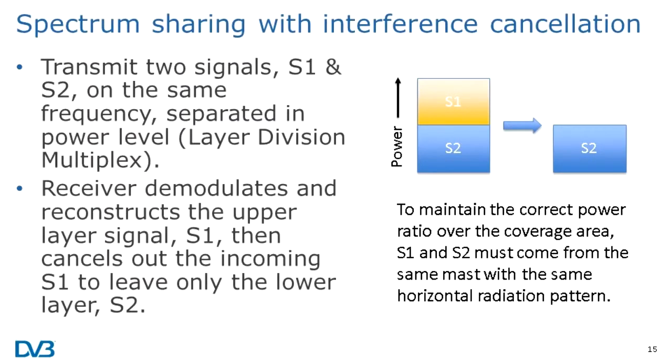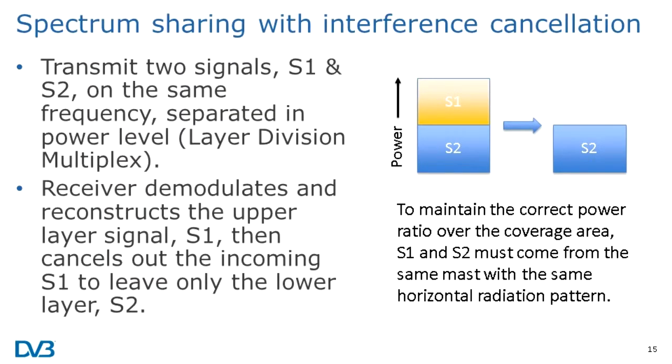So that means that at a receiving site which receives that ratio of power, in principle, a demodulator for S1 would be able to look at that signal, demodulate it because it's above the threshold that's required for that signal. Using the error correction scheme built into it, you'd be able to recover effectively an unerrored bit stream, from which you can reconstruct the original signal that must have been coming in, and then use that to cancel out S1 on the signal that you're actually receiving.